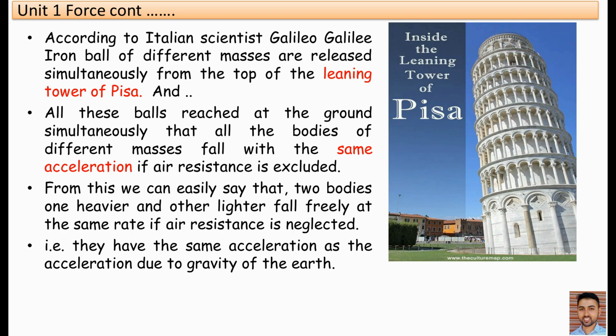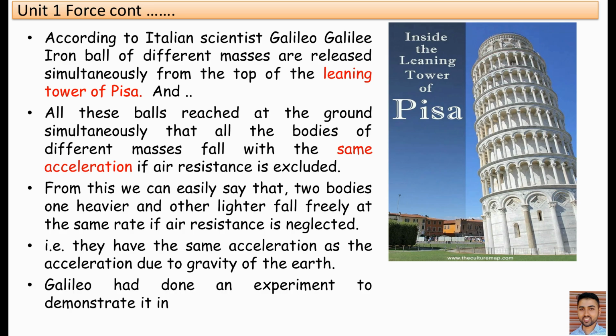Acceleration due to gravity does not depend on the mass of the falling body. The heavier or the lighter body falls freely at the same rate if air resistance is excluded. That is, they have the same acceleration as the acceleration due to gravity of the earth.